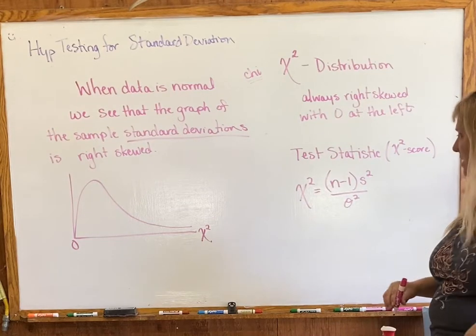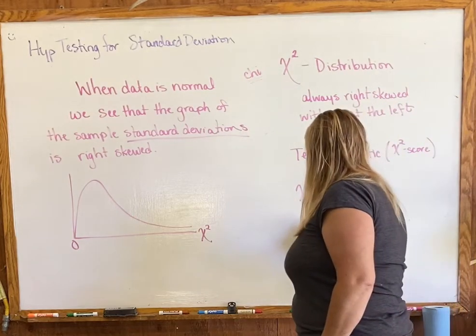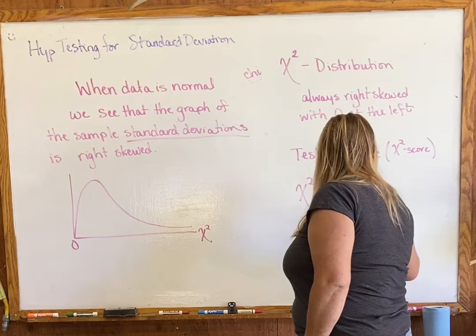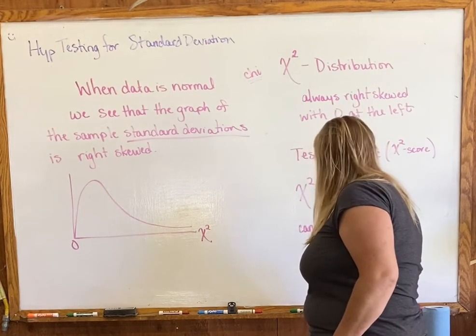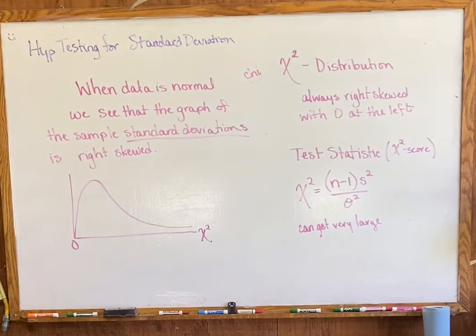These guys can get super large. So it is not uncommon to work out this formula and end up with a chi-square score of 52.658. So definitely can get large on this one.